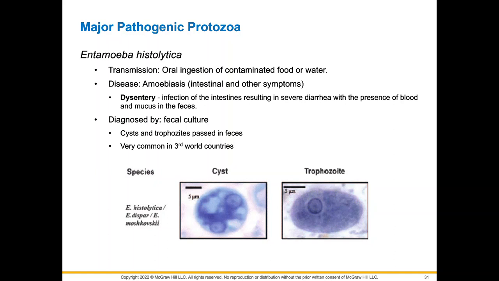It's diagnosed by fecal culture. Isn't that lovely? So that's what the clinical laboratory scientists do in hospital labs, is they'll be sent these cultures of, in this case, feces, to be observed underneath the microscope, and they will be looking to identify any of these trophozoites or cysts.